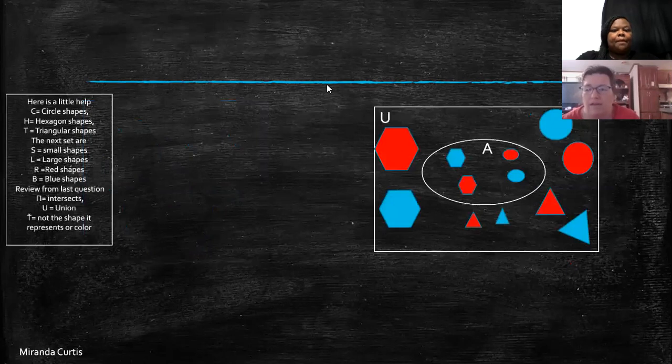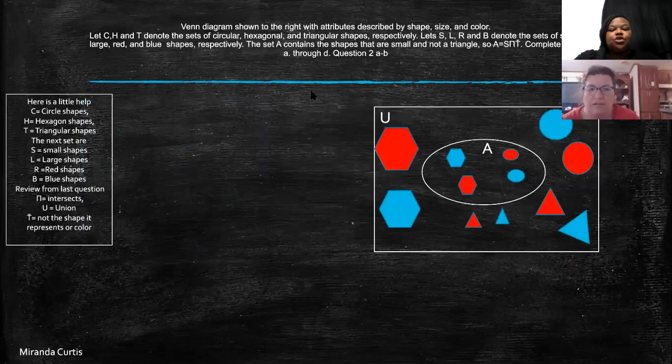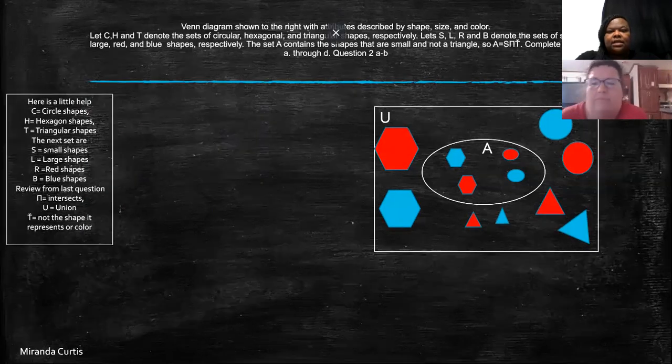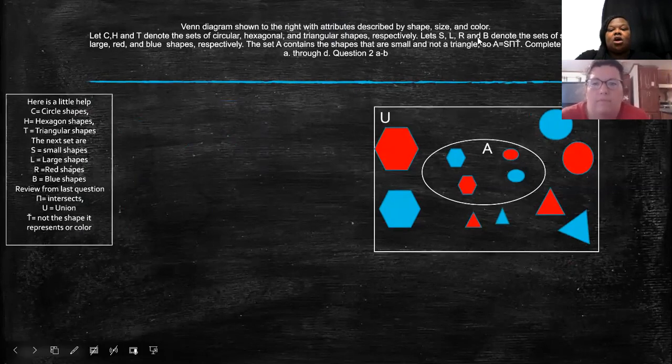All right, Miranda. Venn diagram shown to the right with attributes described by shape, size, and color. Let C, H, and T denote the sets of circular, hexagonal, and triangular shapes, respectively. Let S, L, R, and B denote the sets of small, large, red, and blue shapes, respectively.